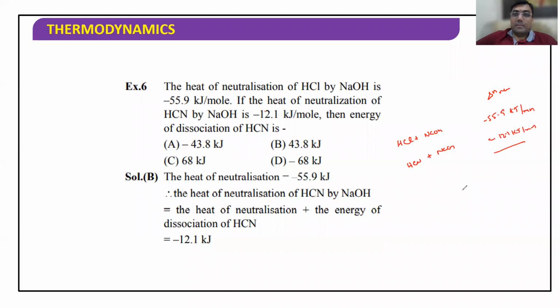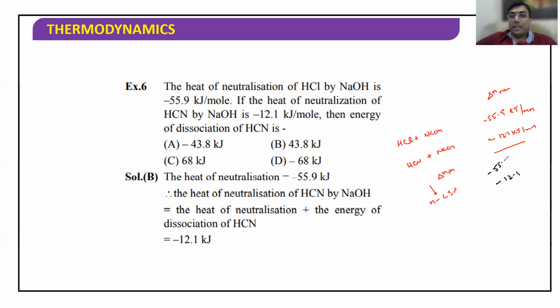Now try to understand. HCN is a weak acid, so to break this, it requires heat of ionization. Do you agree or not? Yes, heat of ionization is required. But listen carefully, these two should be together: minus 12.1 and minus 55.9.